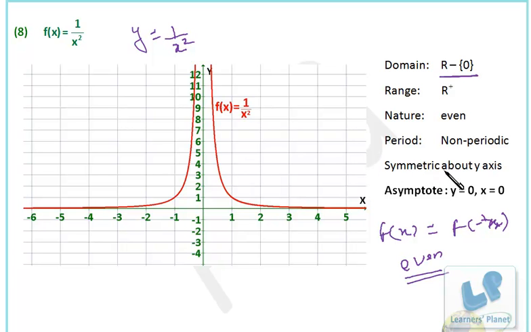Okay. Now symmetricity, this is a straight line. If you draw this graph on a paper and fold the paper from this line, you'll get this coinciding with this. That means it is symmetric about the y-axis. I hope you are clear.